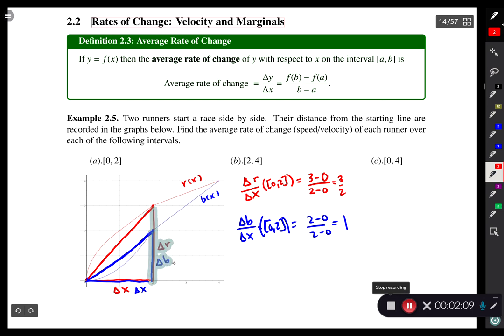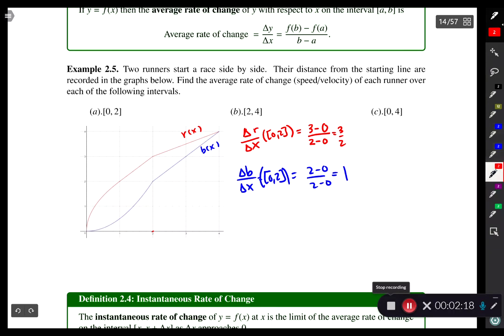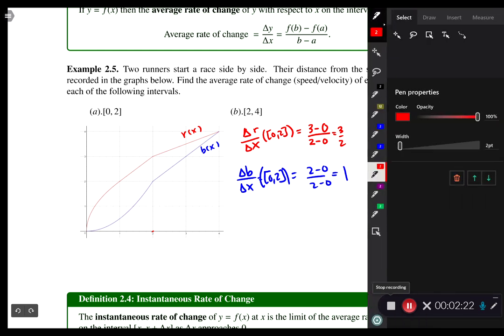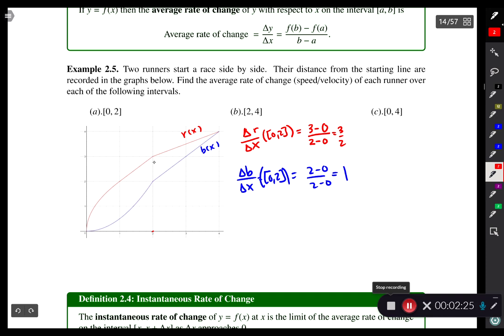Now I'm going to delete that to clean this up just a little bit. Next, we want to calculate the average rate of change from 2 to 4. We're going to look at 2, 3, and then 4, 4.